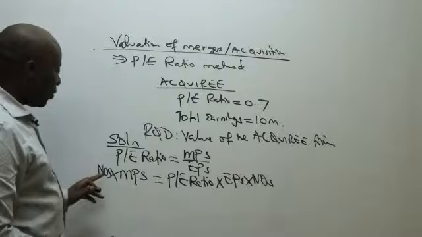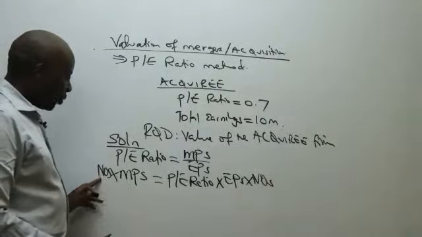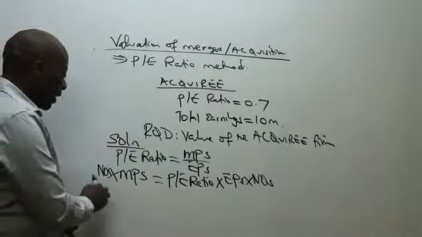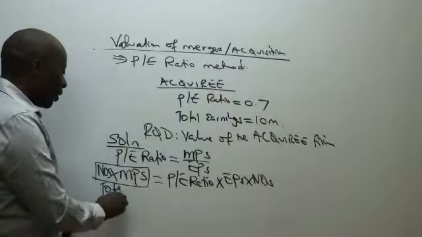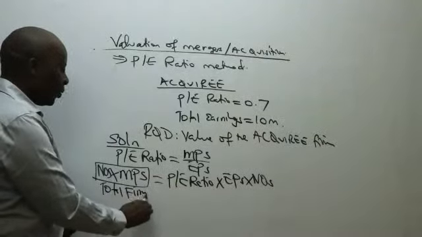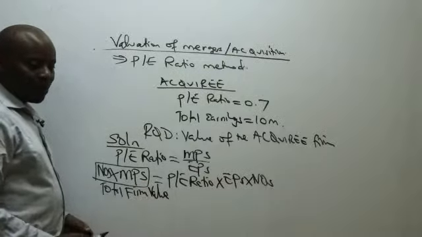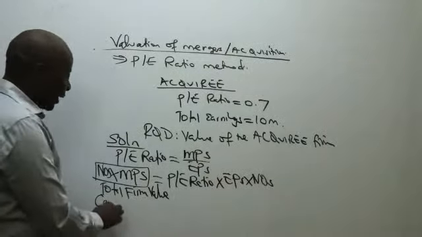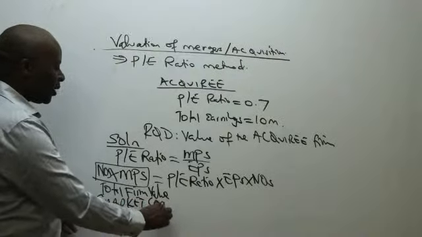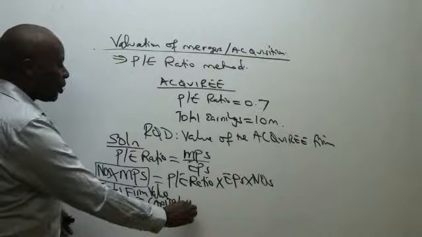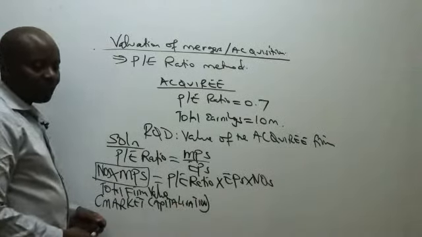When I take the number of ordinary shares times MPS, I get the total firm value, or what some books call market capitalization.